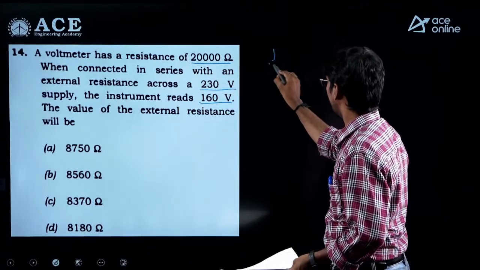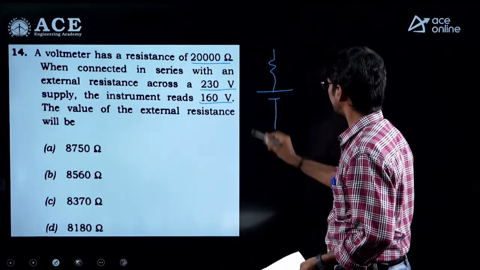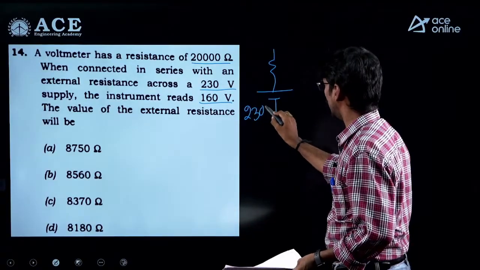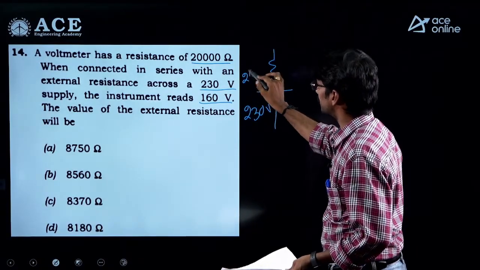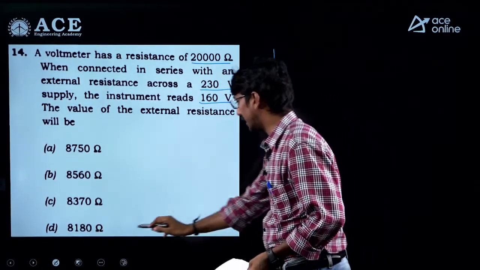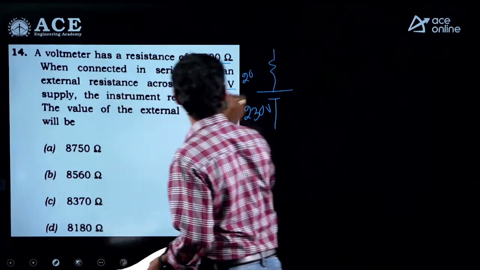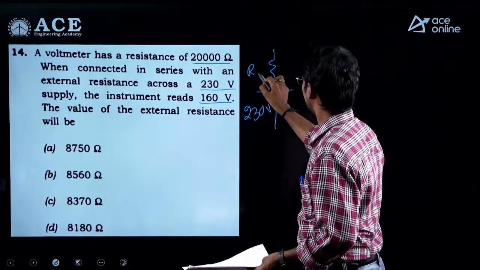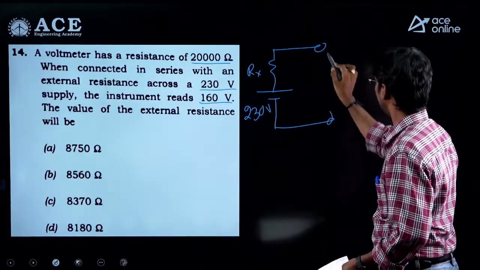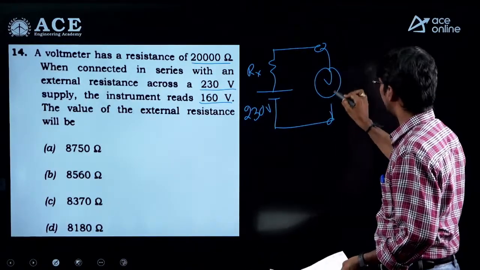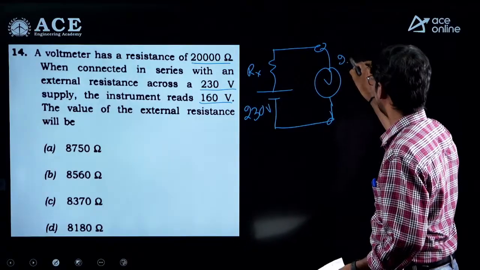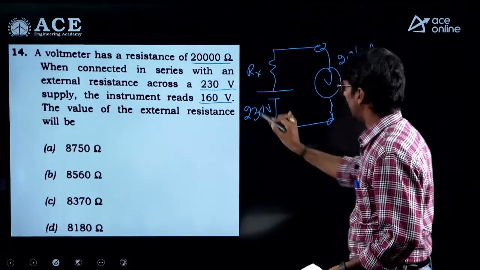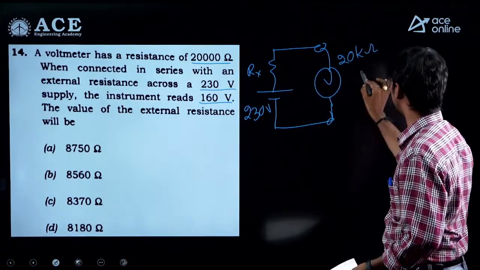Very simple. A voltage source is taken, this is 230 volt, and this resistance Rx must be calculated. The voltmeter is connected over here. This voltmeter's internal resistance is 20 kilo ohm, and this meter is reading 160 volt.